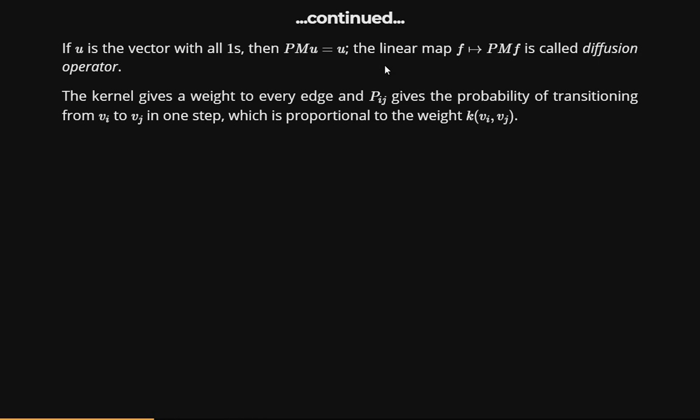So the role of the measure mu is to give different importance to every vertex.